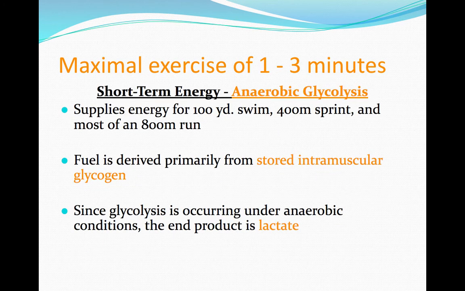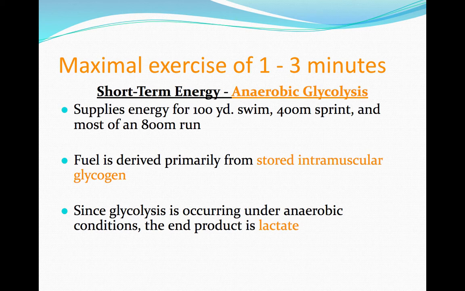Moving on then, so let's say we're going to do real intense activity now for 30 seconds, 45 seconds, up to 3 minutes. Then we're going to be doing anaerobic glycolysis. So anaerobic glycolysis, remember what happens here is you have those first 10 steps of glycolysis occurring in the sarcoplasm, and we end with pyruvate.